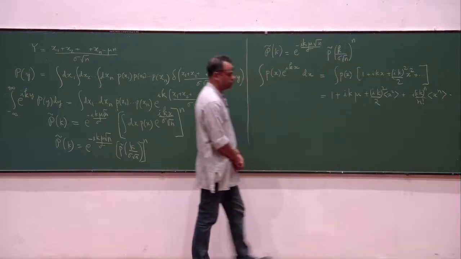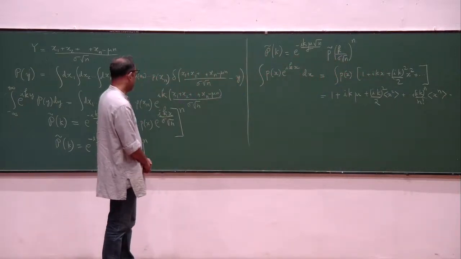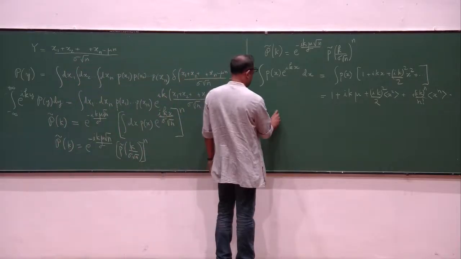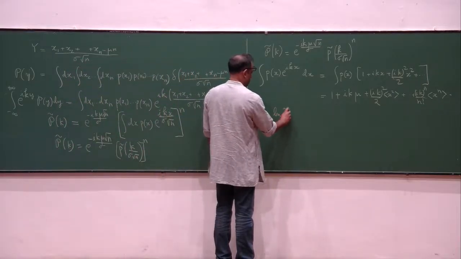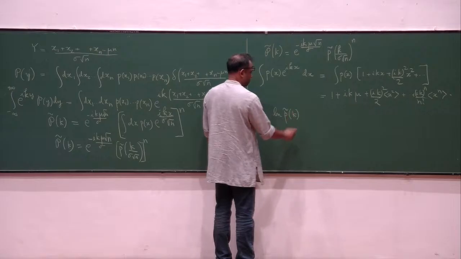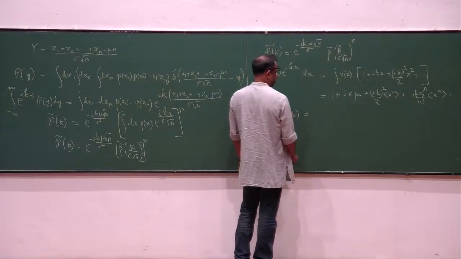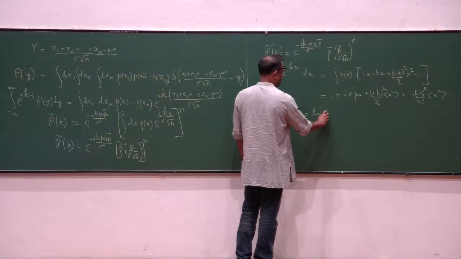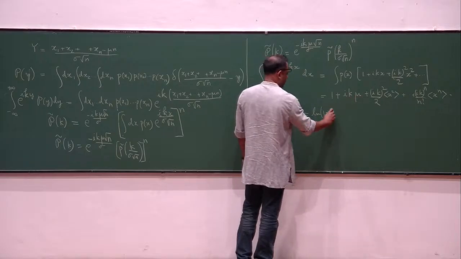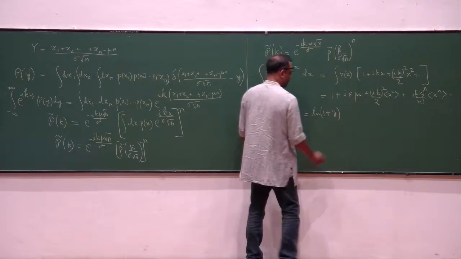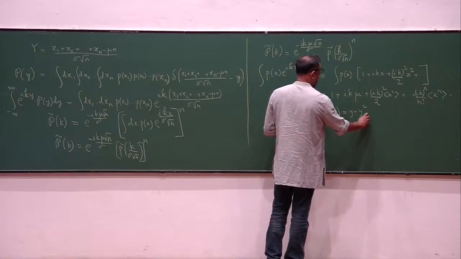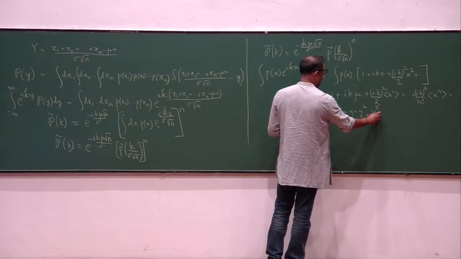So that is how the Fourier transform looks like. And then if I take logarithm of this, so if I take log of p tilde of k, this is equal to log of this whole quantity. So log of 1 plus y, which I Taylor expand as y minus y square by 2. We have been doing this all the time.